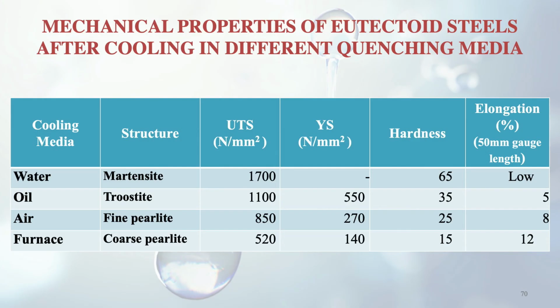Here we see a table about the mechanical properties of eutectoid steels after cooling in different quenching media. You see the cooling media: water, oil, air and furnace.